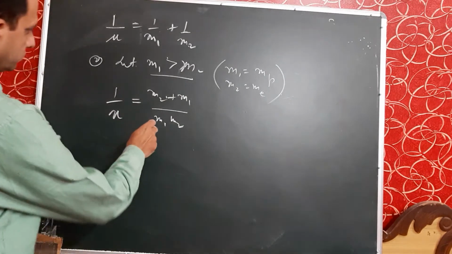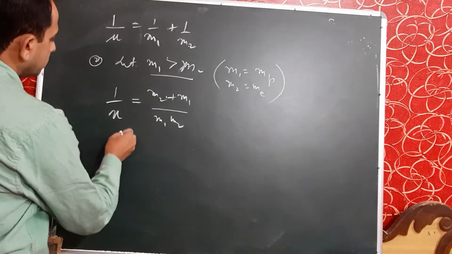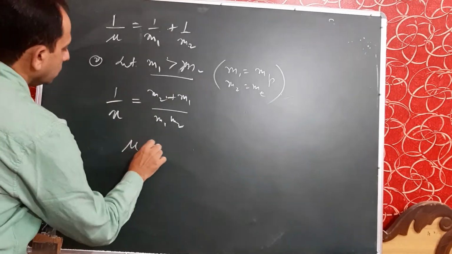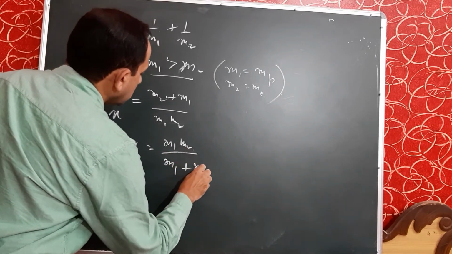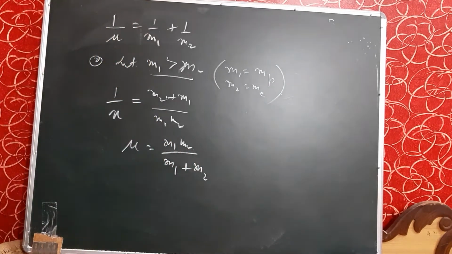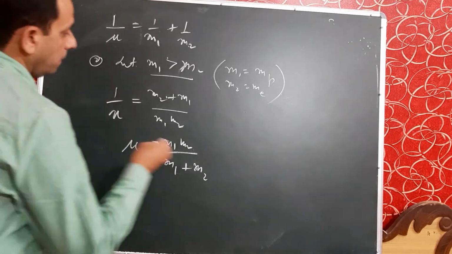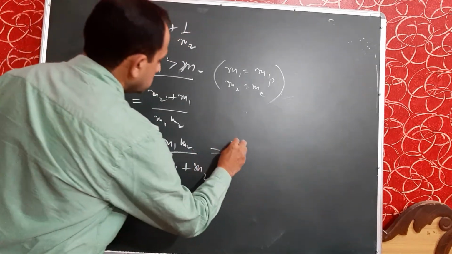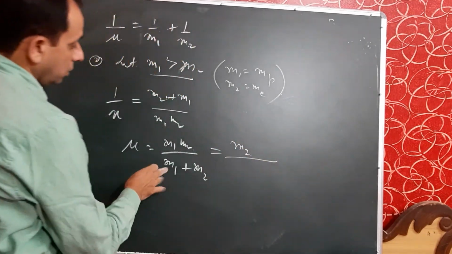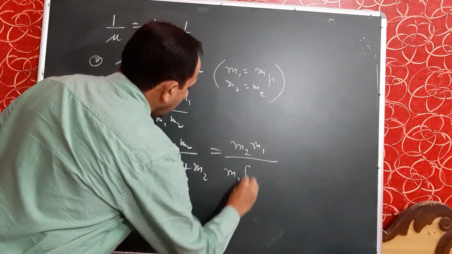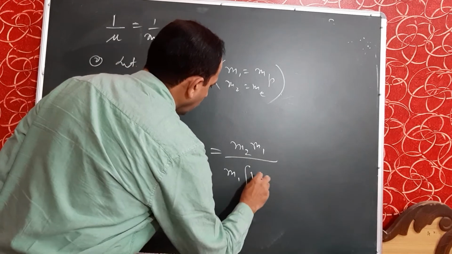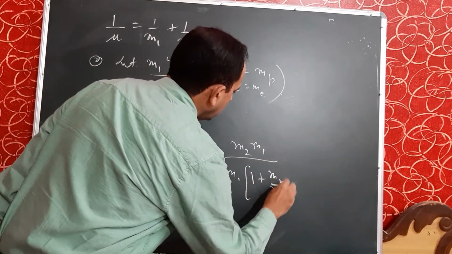Or this may be written, taking the reciprocal, as μ = m1 m2/(m1 + m2). Is it clear? Now we may write this with m1 common in the denominator, so it becomes 1 + m2/m1.